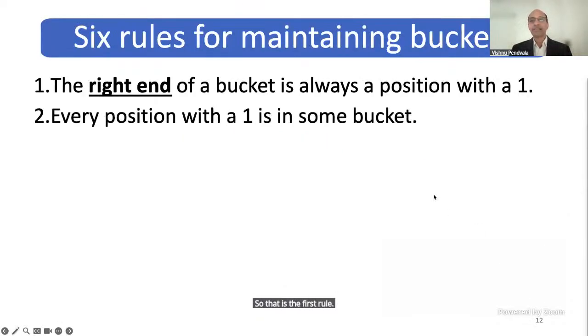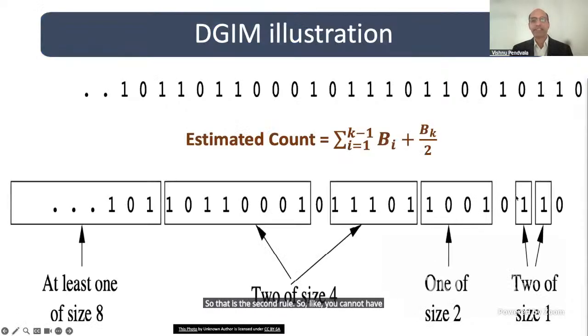What is the second rule? Every position with a 1 is in some bucket. So every 1 has to be in some bucket. You can have zeros which are not in the buckets, but you cannot have ones which are not in the buckets. Everyone has to belong to some bucket.